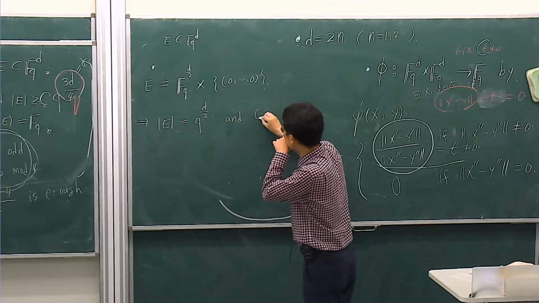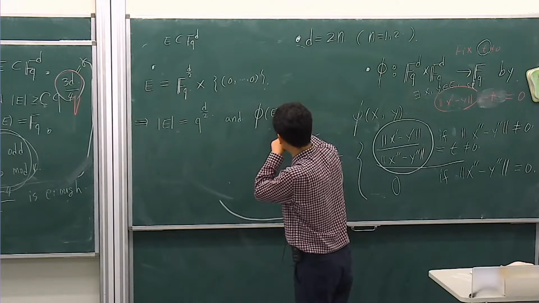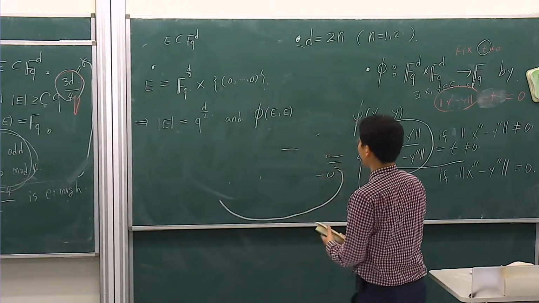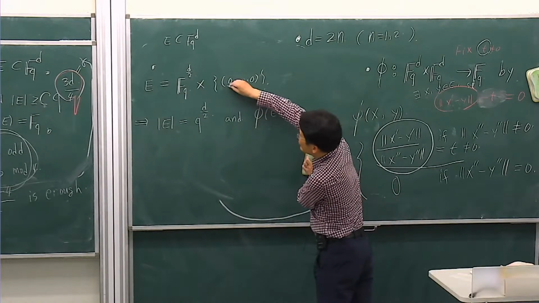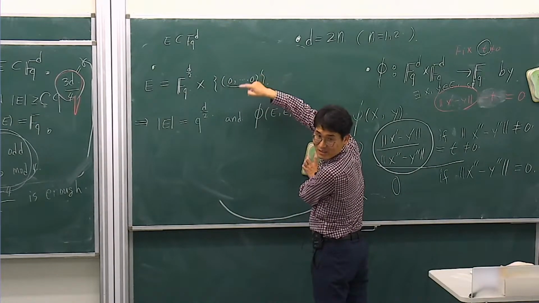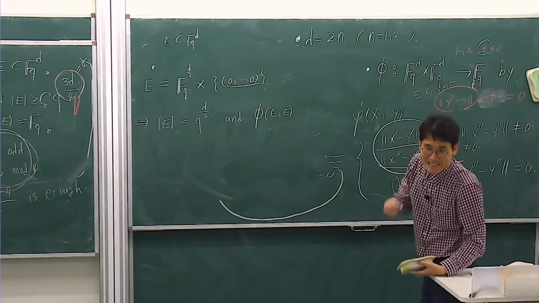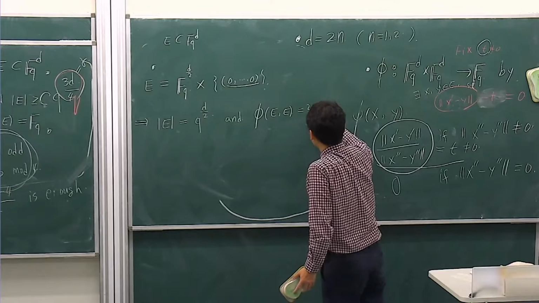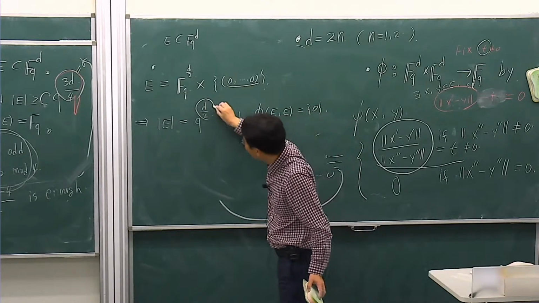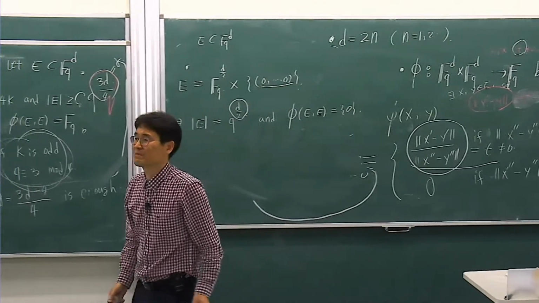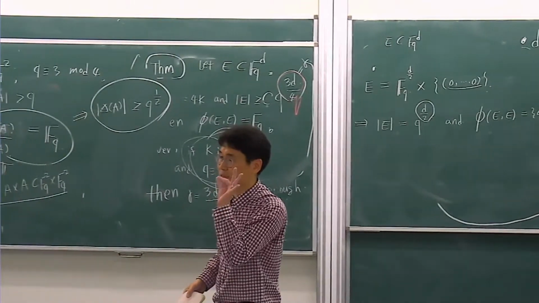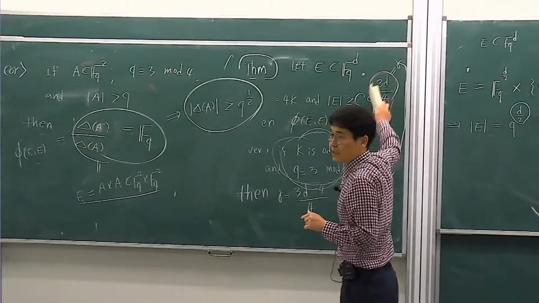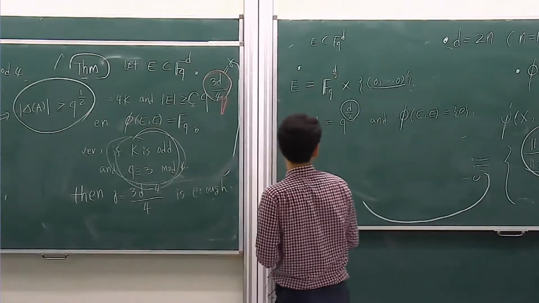What's the pi distance? Only 0, right? Because the second coordinate has only one element. This gives our counterexample, so the exponent must be greater than d over 2. Look, as you see, that is the case.